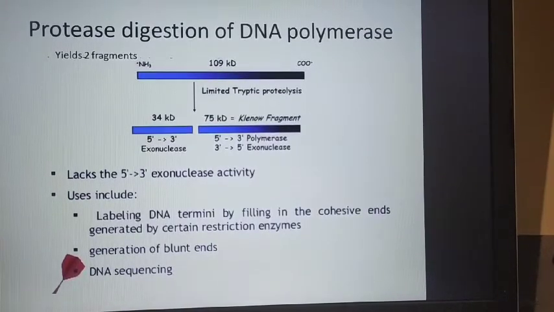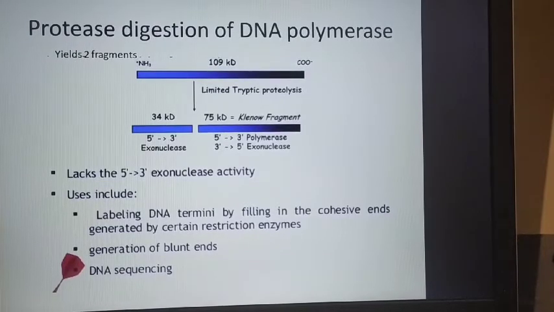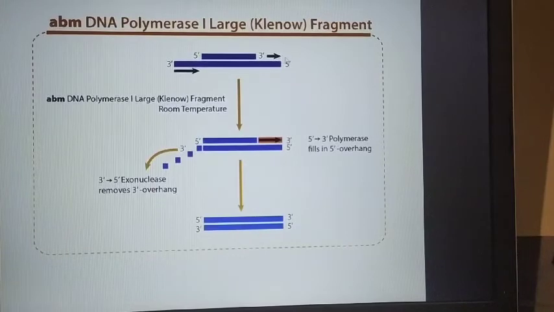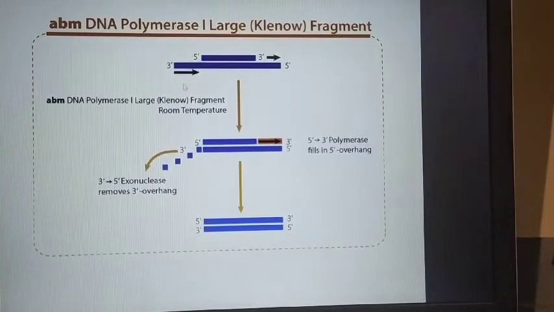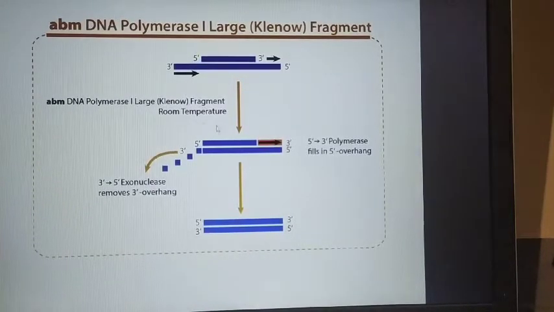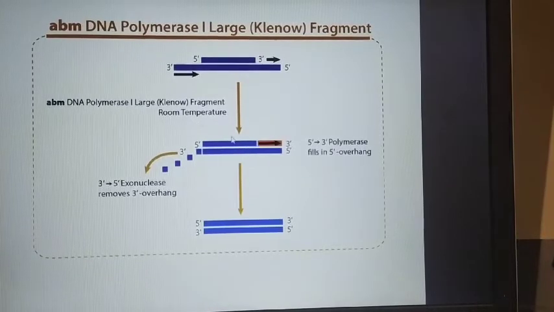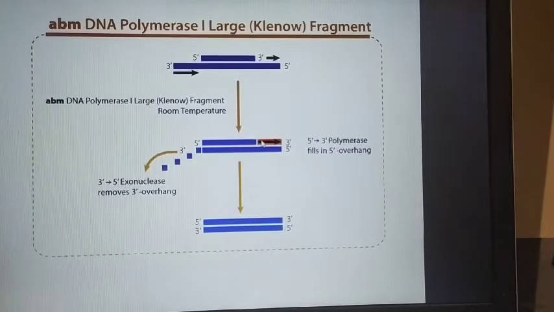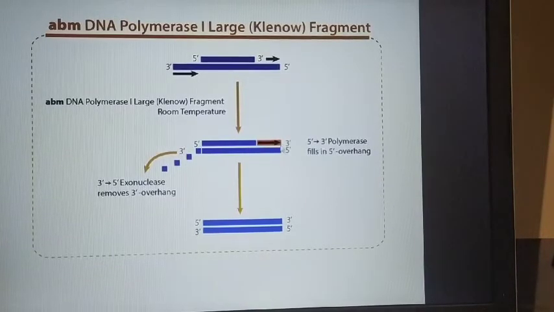It is used for generating blunt ends. Here you can see this is a DNA molecule which is having sticky tails or sticky ends. By using this Klenow fragment, which is having 5'3' polymerase activity, you can add nucleotides and make this end blunt.